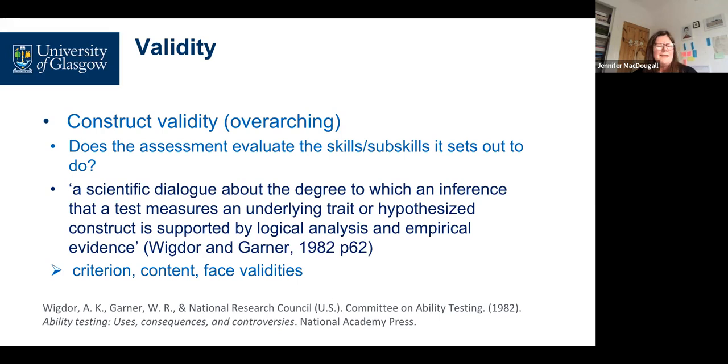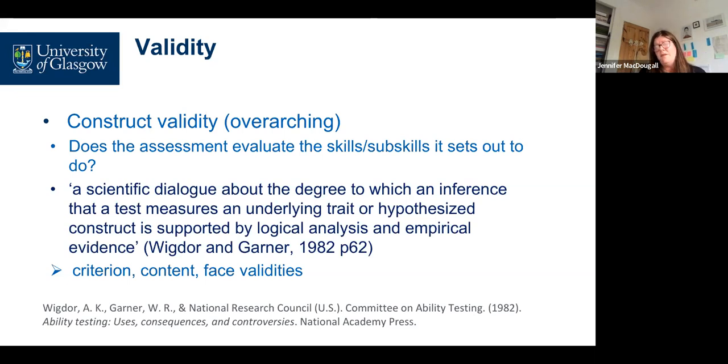So does it have credibility? And then content validity: does the material being used have validity? And criterion: is it meeting the criteria of what you would be doing within the construct that you want to assess?